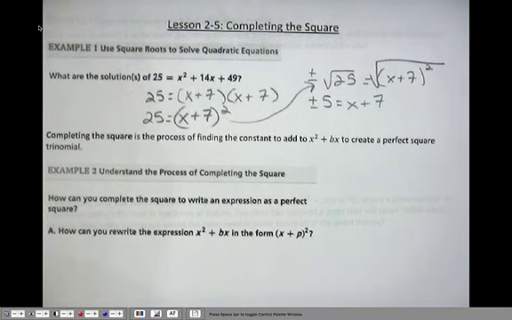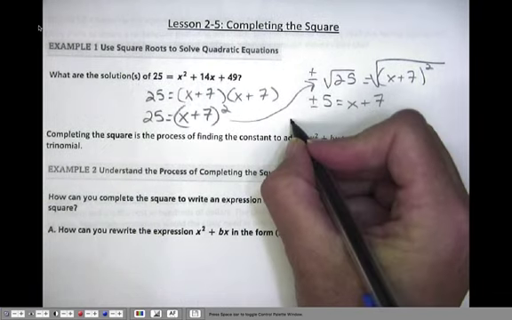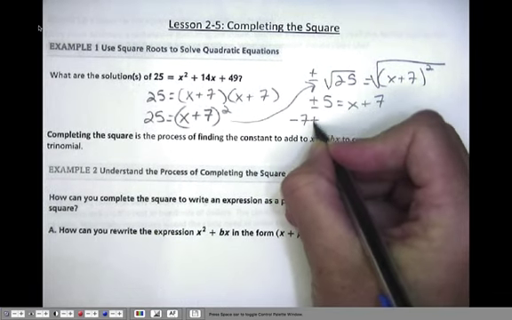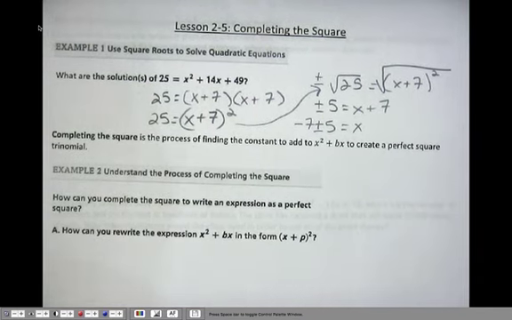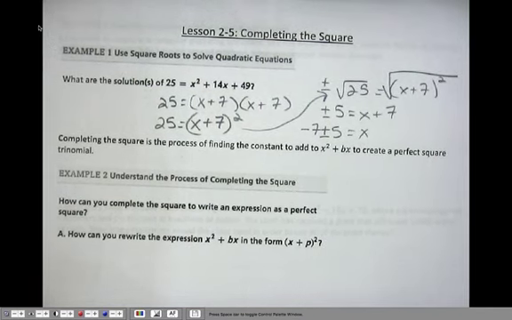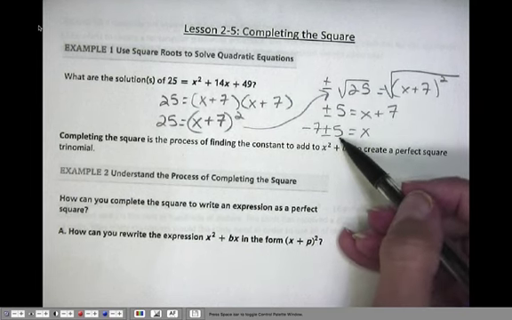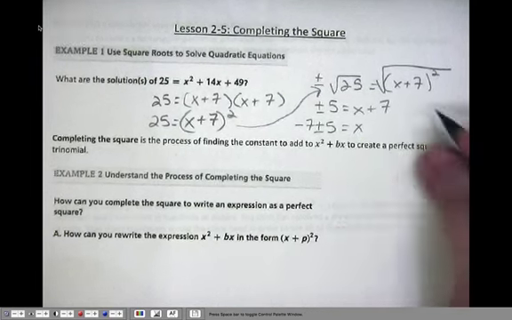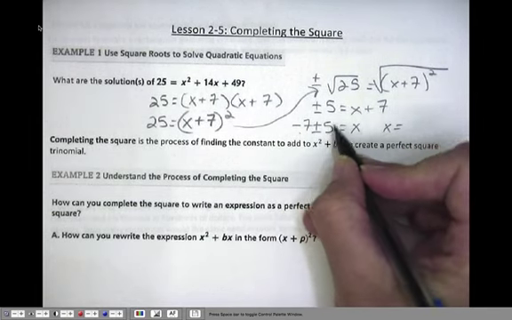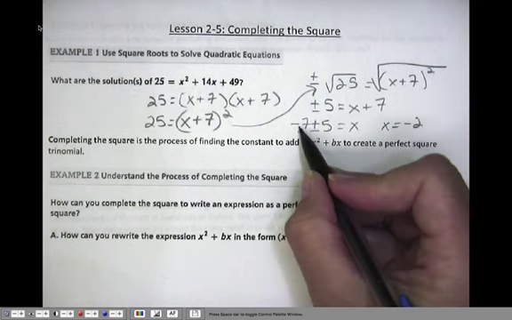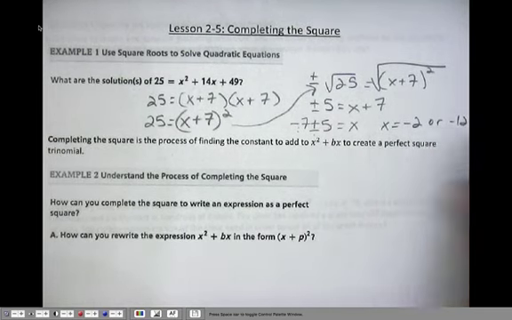Then, in order to get x by itself, I subtract 7 from both sides, and that gives me negative 7 plus or minus 5 is equal to x. And in this particular problem, because the square root of 25 was a rational number, I can go ahead and simplify this further. x equals negative 7 plus 5 is negative 2. Negative 7 minus 5 is negative 12.